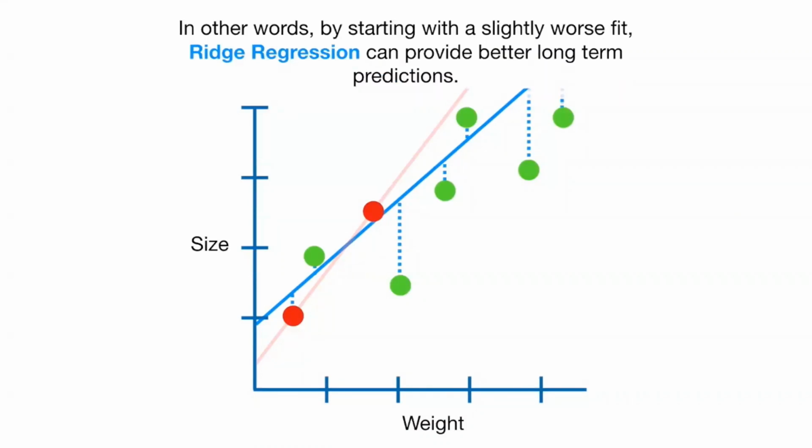Now, in the training data set, you will see that this is not actually fitting these two points. So it is a slightly worse fit, but it will provide you a better prediction in the long term.